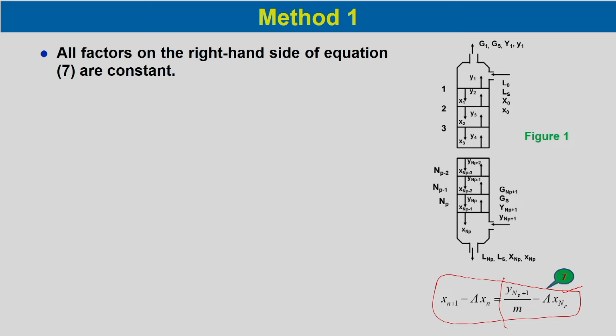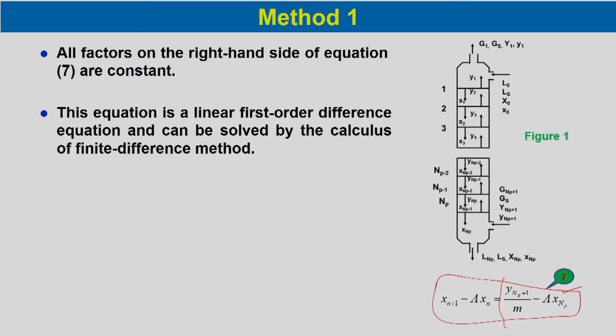So, these are constants on the right hand side. So, this equation is a linear first order difference equation and can be solved by the calculus of finite difference method. We can use the finite difference method to solve this equation.